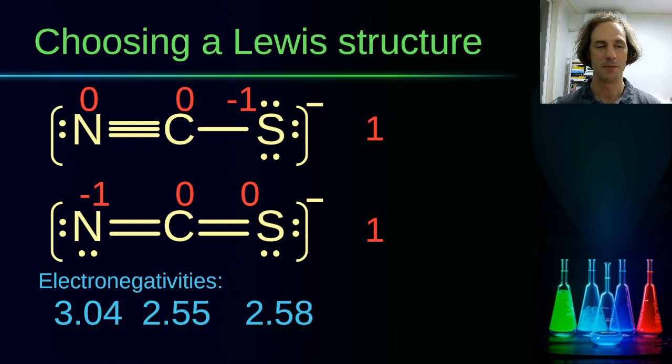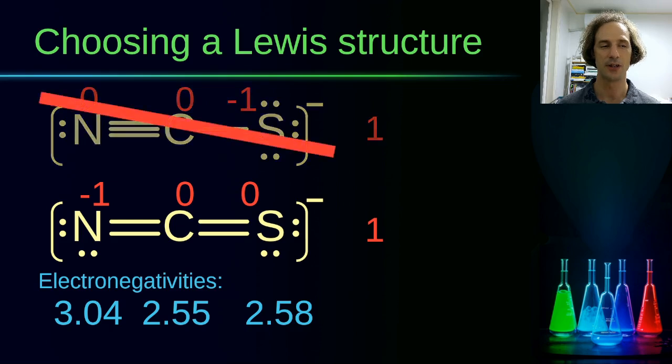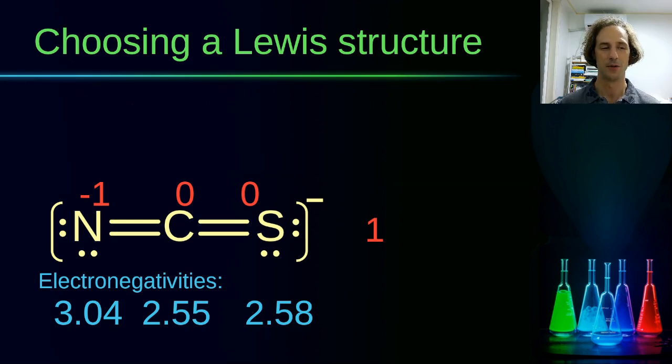And that means that it is more likely that the nitrogen will carry this negative charge than the sulfur. So based on the electronegativities and the formal charges, we can make the prediction that actually the second Lewis structure will be the one closest to how this polyatomic ion looks like in real life. Okay, so this is it for today, and I will see you tomorrow.